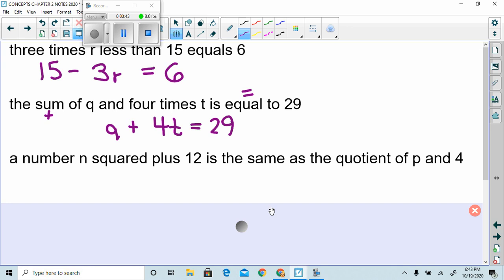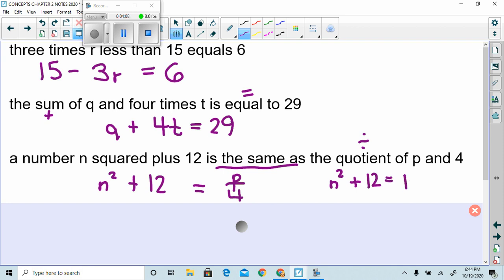Again, they're giving me the variables. A number n squared plus 12 is the same as, means it's equal to, the quotient, that's division, of p and 4. I can write it that way, or I could have written n squared plus 12 equals p divided by 4.